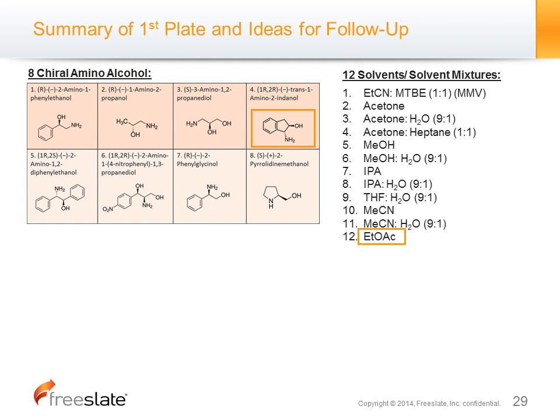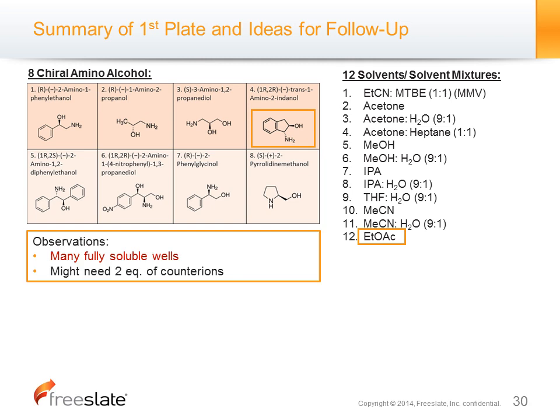What we actually do observe is many fully dissolved wells, which is not good. That means the solubility is just too high. Another hint: maybe the counterion equivalent, since the whole plate we screened is 1-to-1 equivalent, maybe we need more counterion for the salt to be formed.